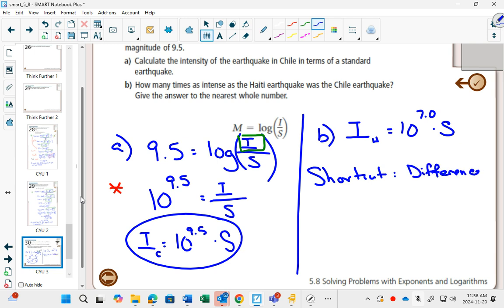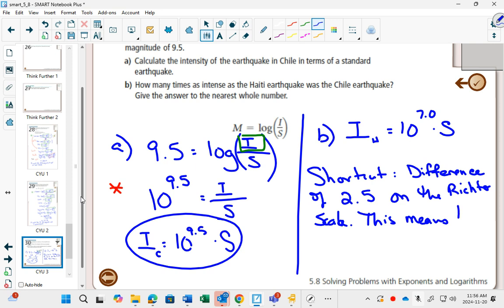So our shortcut: there's a difference of 2.5 on the Richter scale. This means the base is 10, because every time you go up by 1, it's 10 times more.